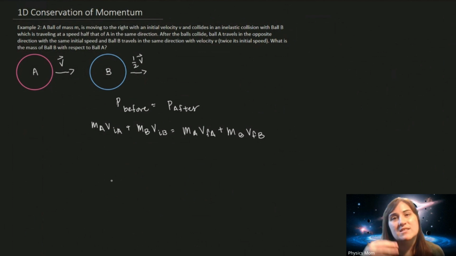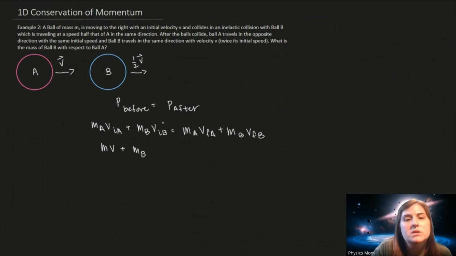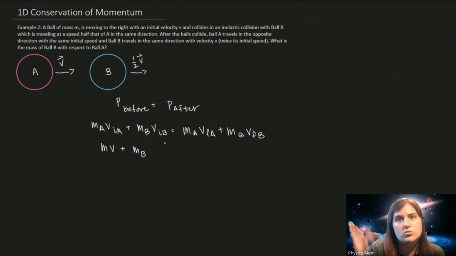All right, so the mass of A is m, and the initial velocity of A is just v. So this is going to be mv, plus, we're going to keep this as mB because we don't know the mass of B. But we do know the initial velocity of B with respect to just v: it's 1/2 v.